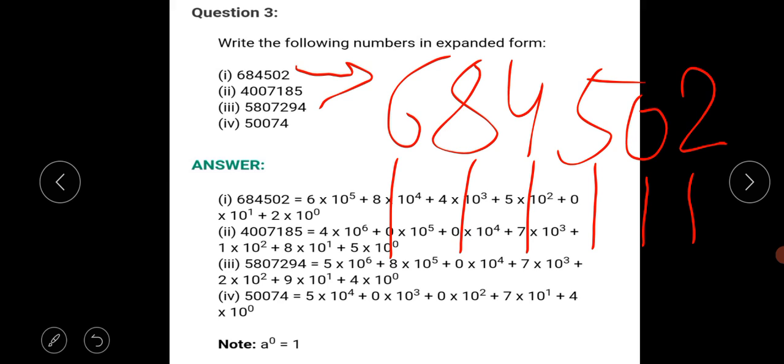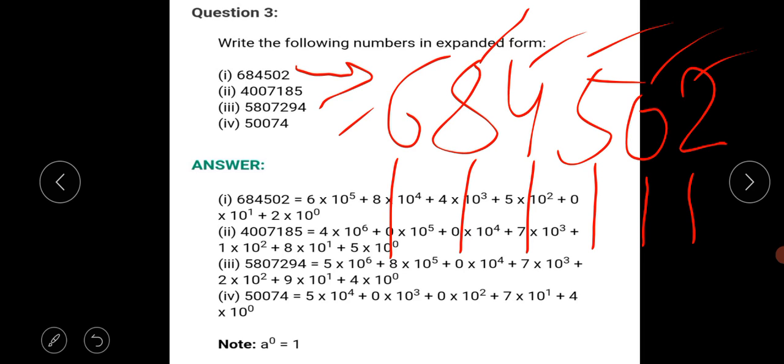So when you write it in the expanded form, you may write it like 6 into 10 to the power 5 plus 8 into 10 to the power 4 plus 4 into 10 to the power 3 plus 5 into 10 to the power 2 plus 0 into 10 to the power 1 plus 2 into 10 to the power 0.